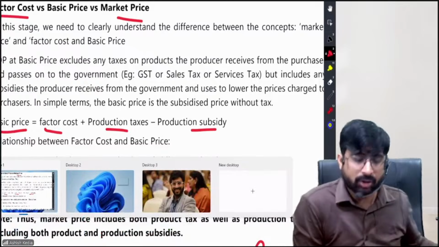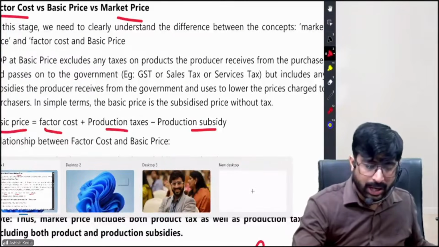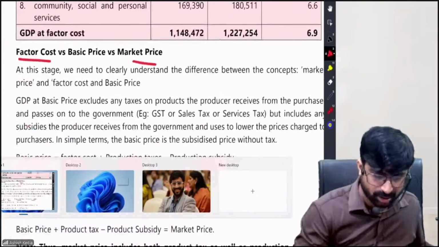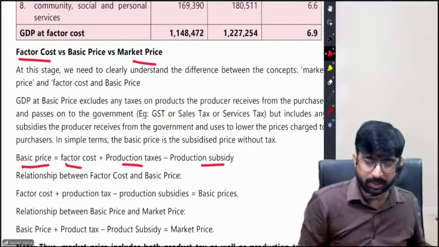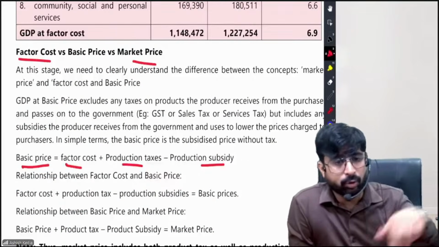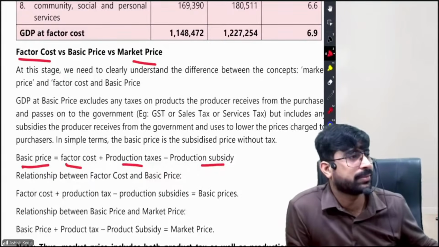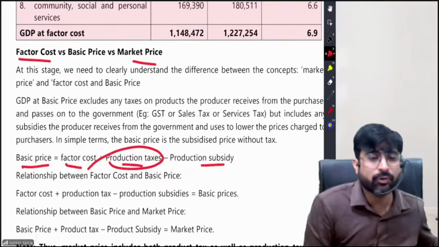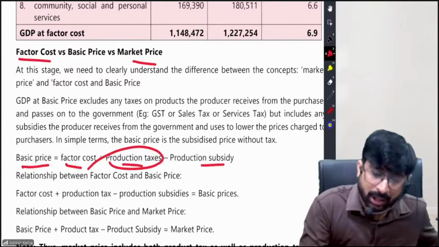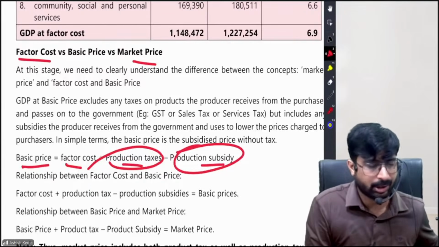Just for that simple act of manufacture, I have to pay excise duty. That is production tax. And for manufacture of some essential goods, government gives me subsidy.